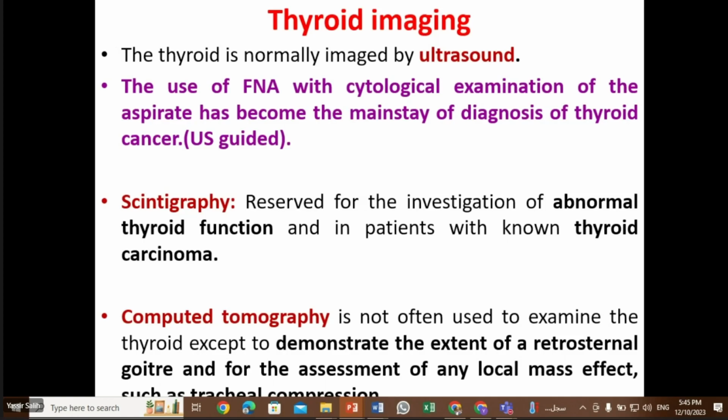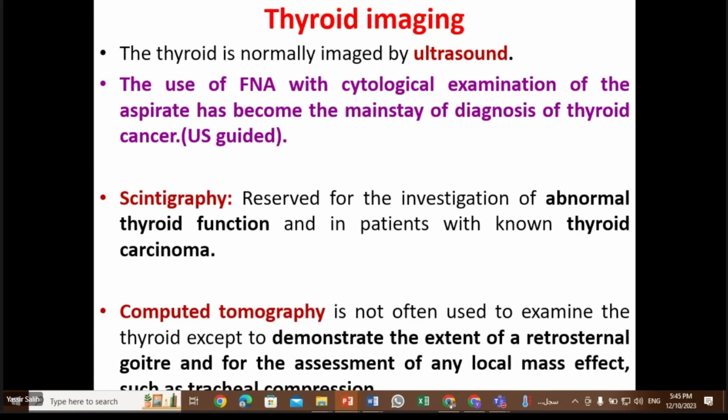We said technique, we mean imaging technique, meaning examination. The mainstay of diagnosing thyroid cancer is fine needle aspiration cytology.